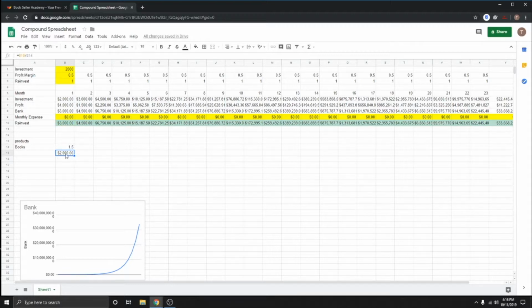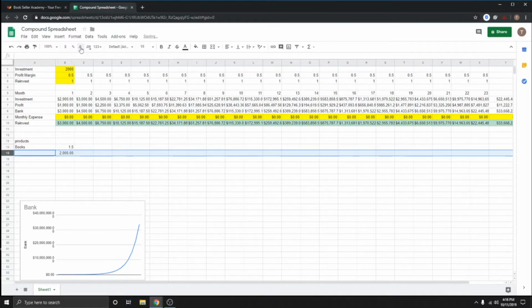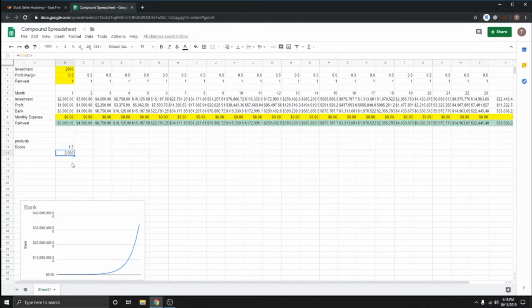This is units, a number with no decimals. You're really looking at 2,000 books for that first month. Let's pull this formula out here.